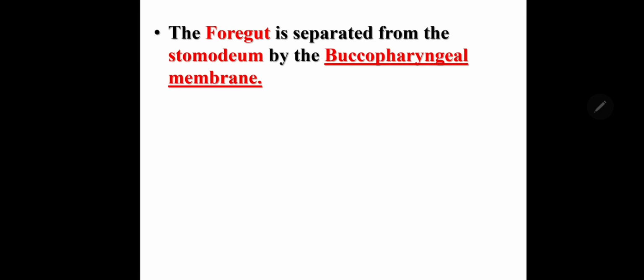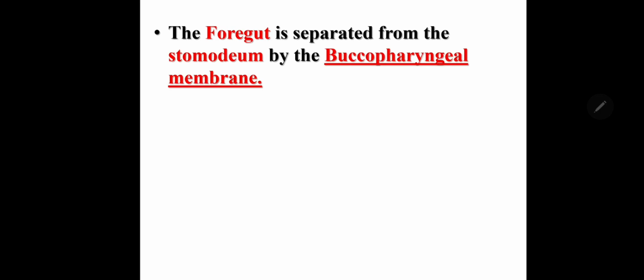Midgut is communicated with the extraembryonic yolk sac via the vitellointestinal duct. So this all happens and they give rise to different derivatives. So this is in brief about the development of the GIT. In the coming session we will see the different derivatives of the foregut, midgut and hindgut in detail.